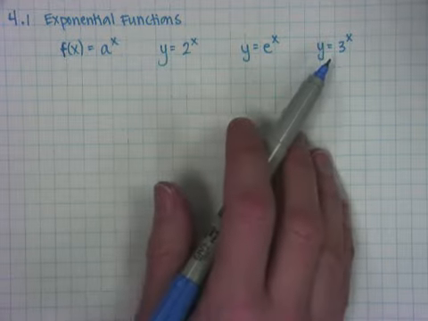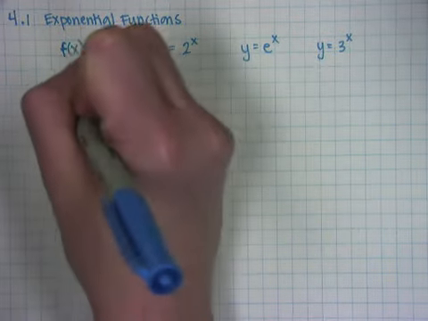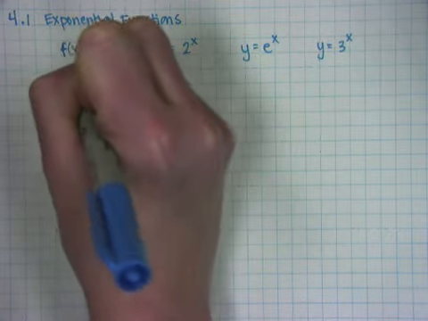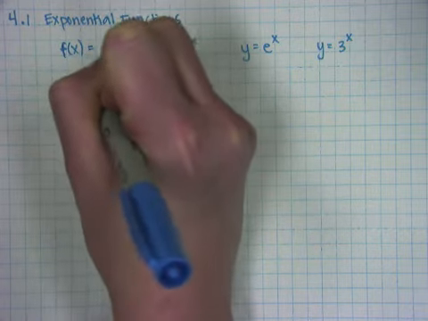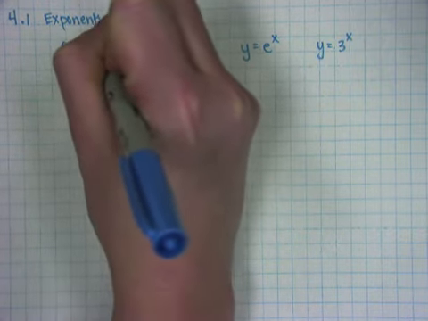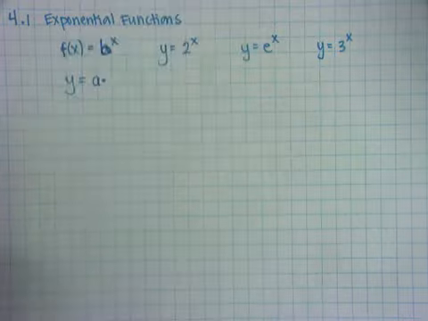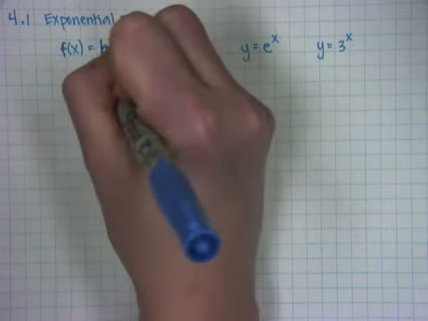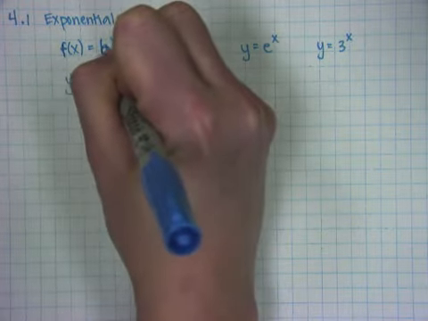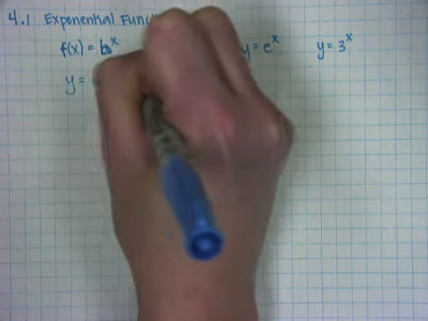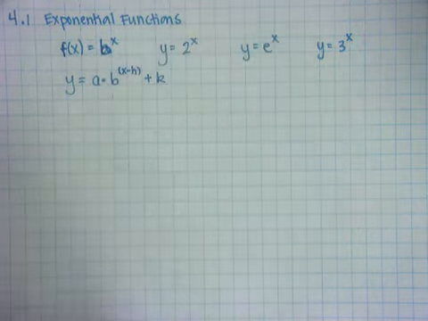And we can shift these graphs just like we've always shifted. The general way that we would shift is we would say y equals, I'm actually going to say a times, let's make this a b instead of an a up here in your notes. Go and change that, please. A times b to the x minus h plus k.